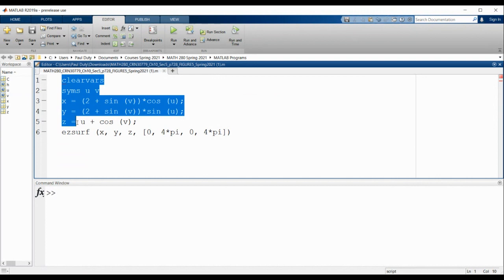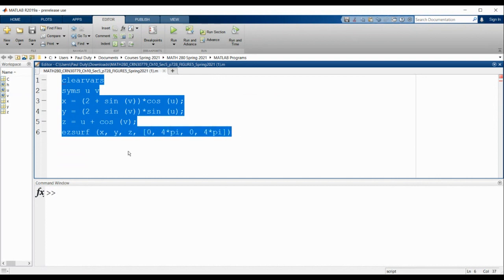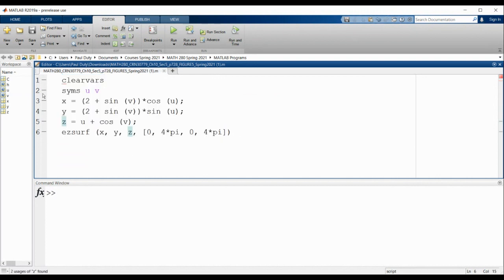So now I'm going to copy. Let me make a comment here. You have to declare your symbolic variables u and v. Those are your parameters. And I have x, y, and z here. And I'm using the easysurf command as shown.